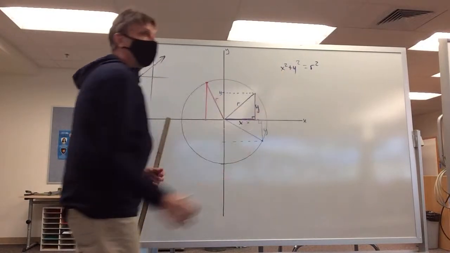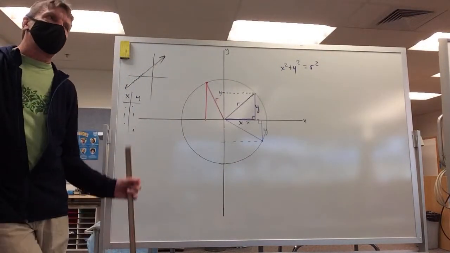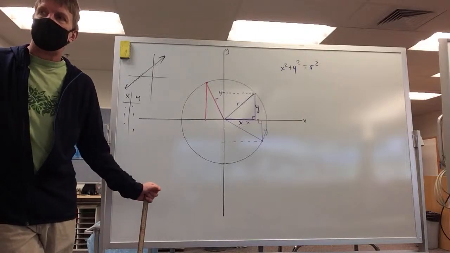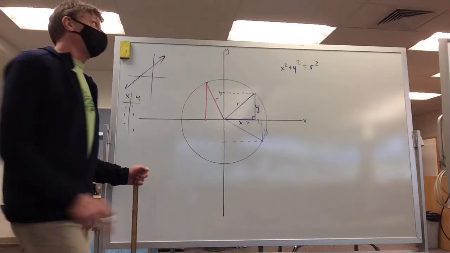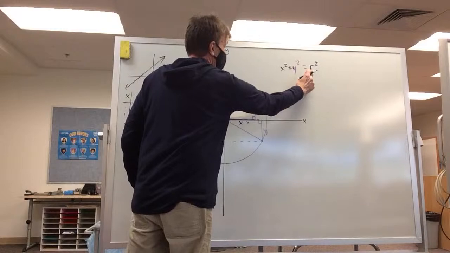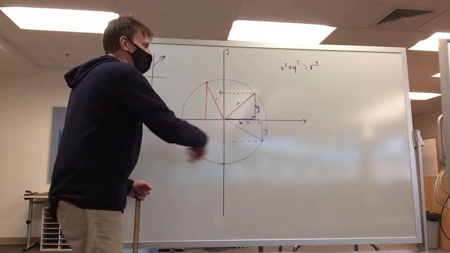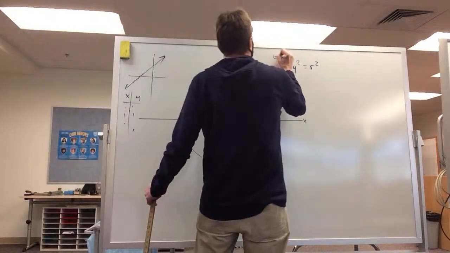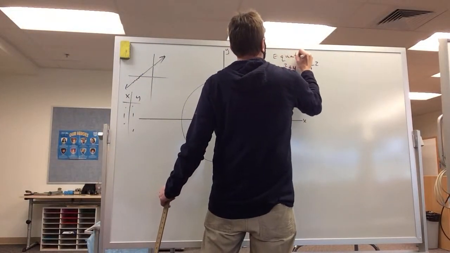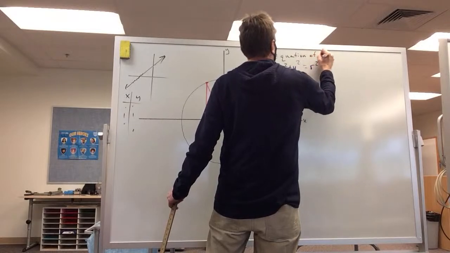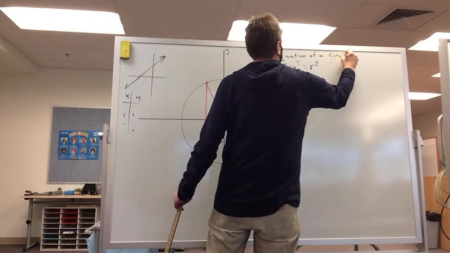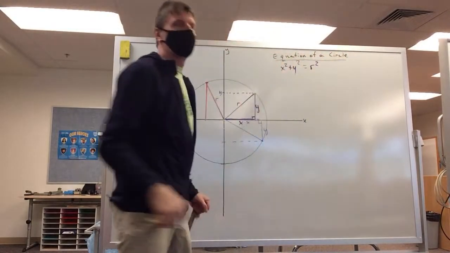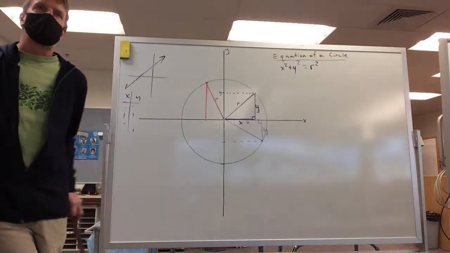You do this for every single possible combination of x and y, as long as when you square them and you add them, it equals the radius squared, you have the equation of a circle. That's it. That's the basic one.